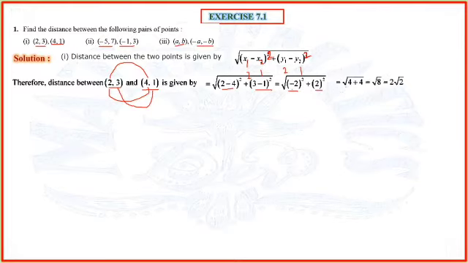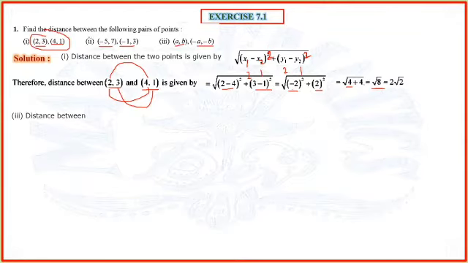So minus 2 squared is 4, and 2 squared is again 4, which gives the square root of 8. The square root of 8 is 2 root 2. So 2 root 2 units is the distance between these 2 points, (2, 3) and (4, 1).